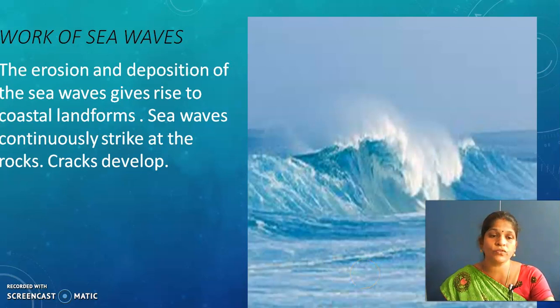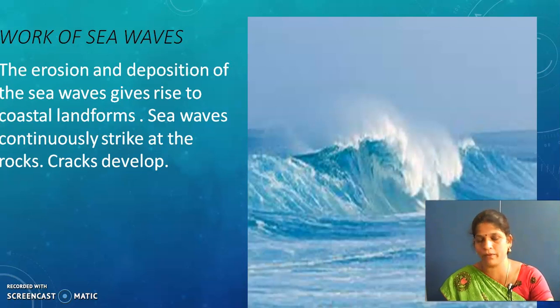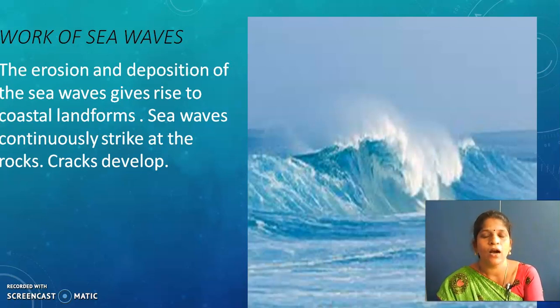We see forceful waves on the seashore. We can see that the erosion and the deposition of the sea waves give rise to coastal landforms. Sea waves continuously strike the rocks, and cracks develop. Continuously the sea waves hit the rocks as well as the sandy areas, and because of that, erosion happens. Erosion happens not only on the sandy areas, it happens on the rocky areas also.